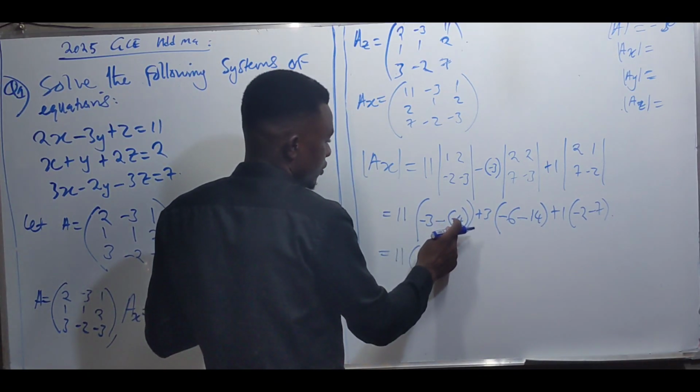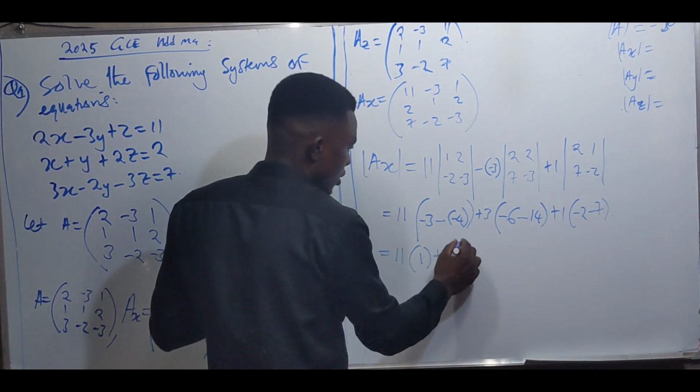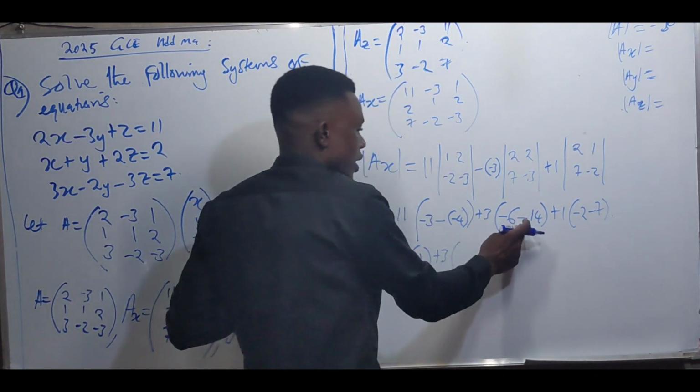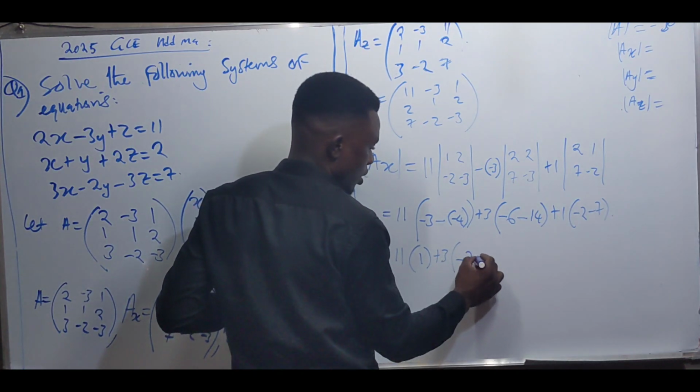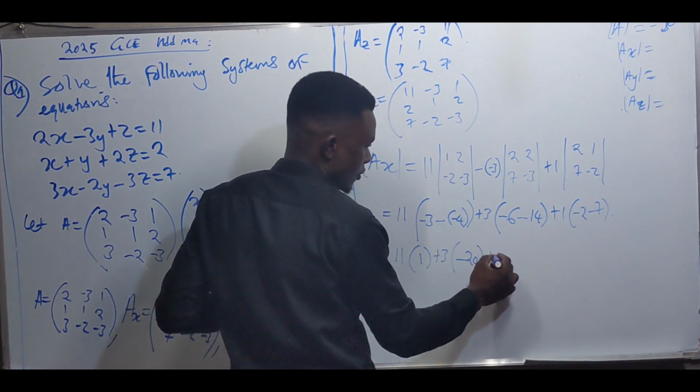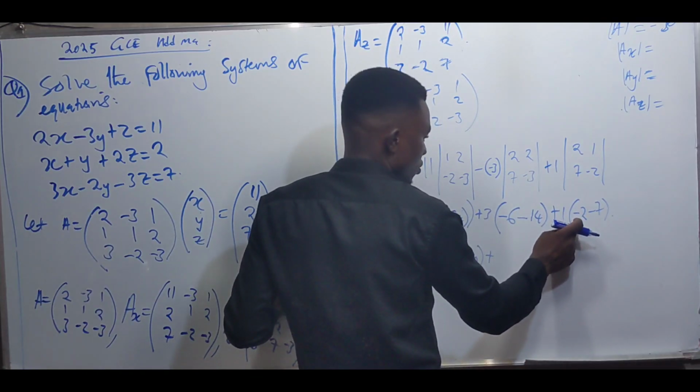Negative times negative, that is positive. This should be negative 3 plus 4, that is 1 plus 3. Negative 6 minus 14, that should be negative 20, plus, this is negative 2.